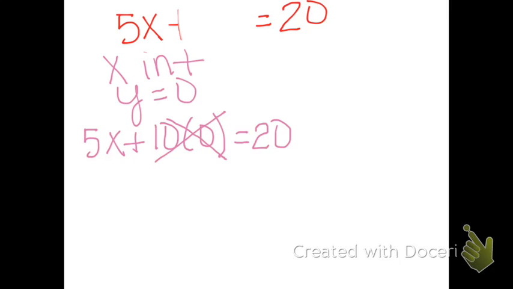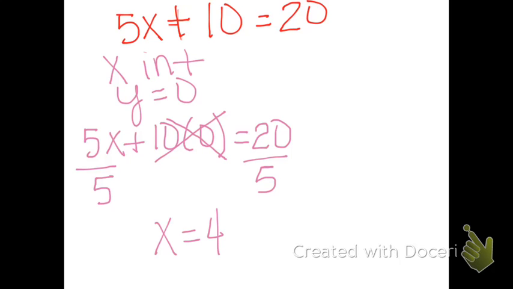For our purposes, we're going to write that back up there, but I just wanted you to see how that worked. We're going to go ahead and finish solving this equation. If 5x is equal to 20, we have to divide both sides by 5, and we'll get x equals 4.